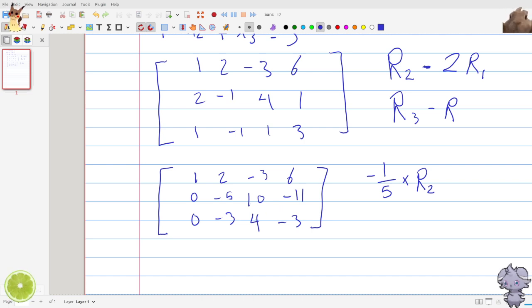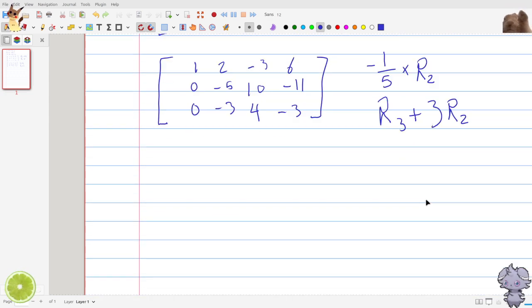The leading 1 will be here, and then we add 3 multiplied by row 2 to row 3. So row 3 plus 3 row 2, and that will give us this matrix.